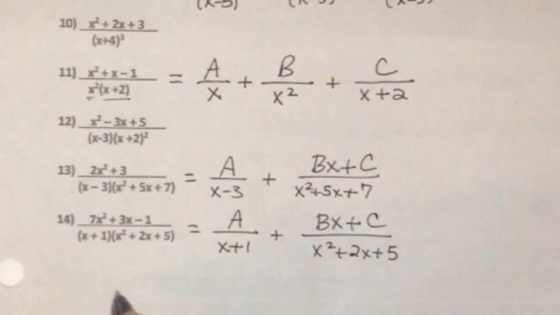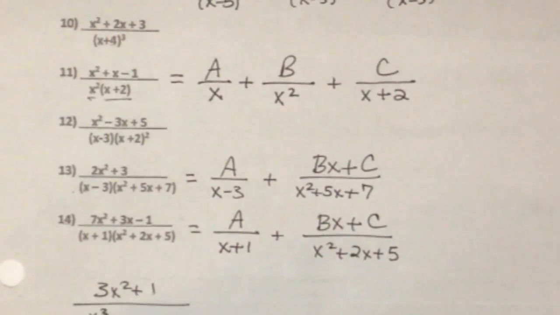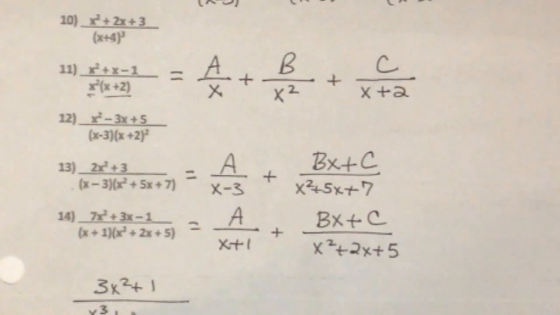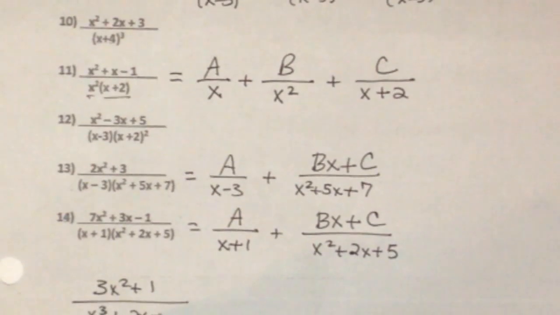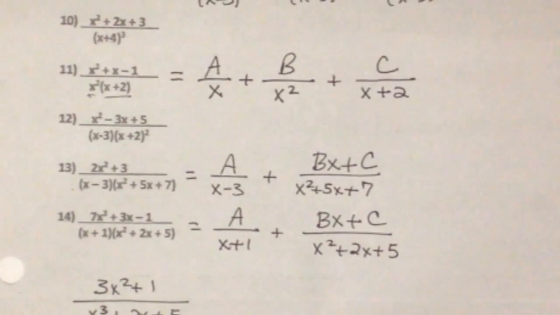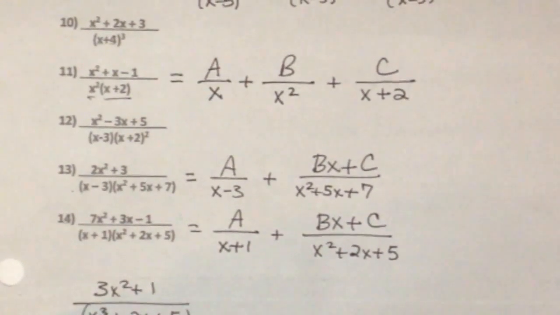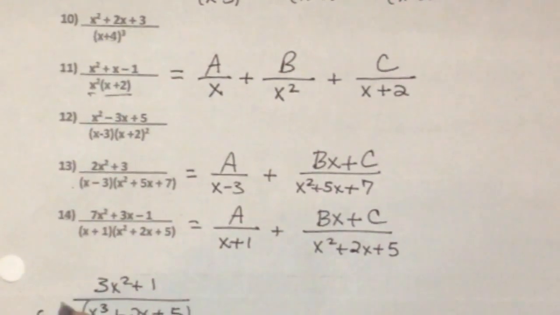If, for instance, we had some fraction 3x squared plus 1 over x cubed plus 2x plus 5, we had something of degree 3 that would not factor, times, let's say, x minus 1.